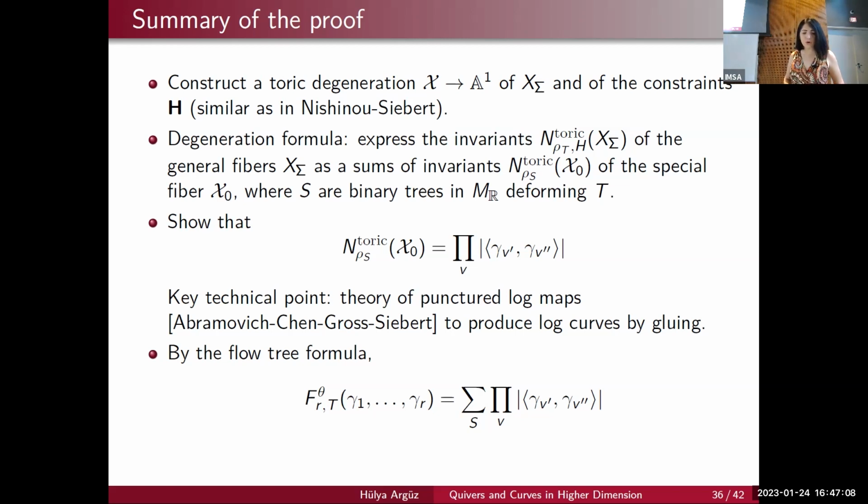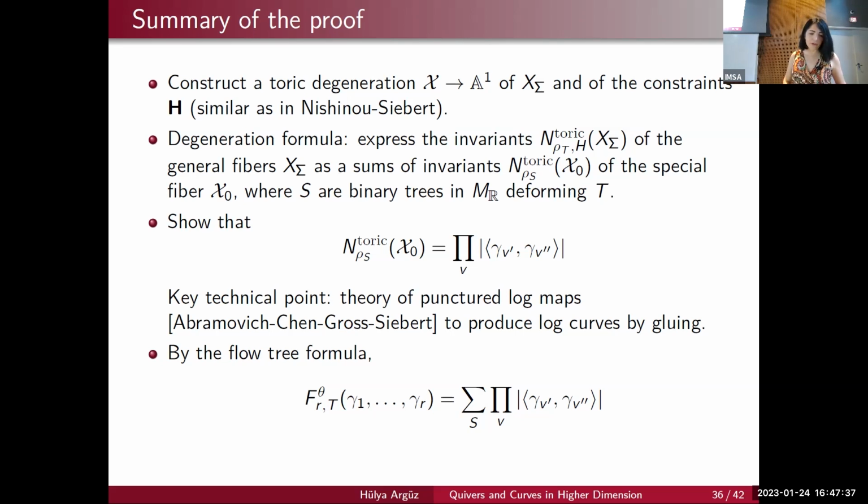And we show that we can obtain counts of log curves in the central fiber as a product of vertices, all possible vertices, of gamma v prime prime. These were, for any vertex, the descendants in my attractor flow tree story in the binary trees.